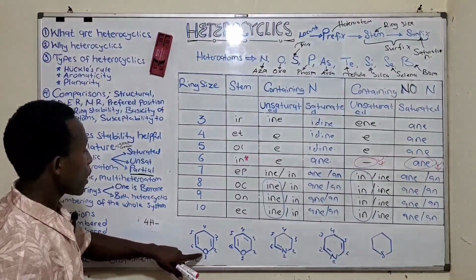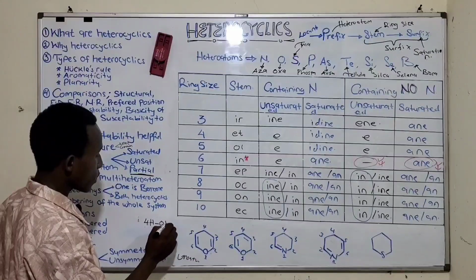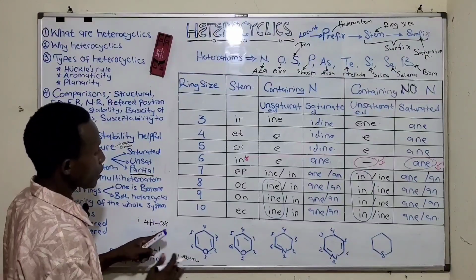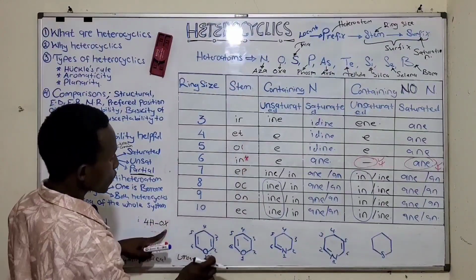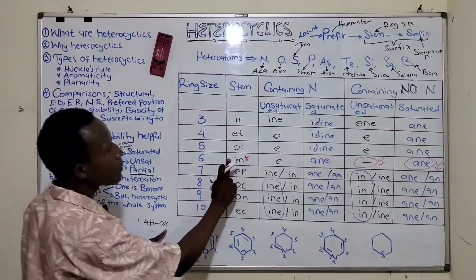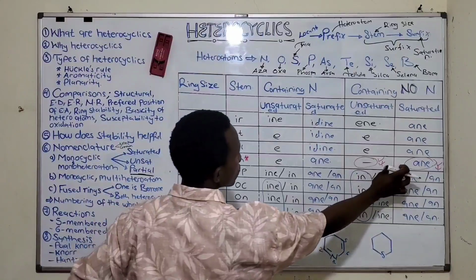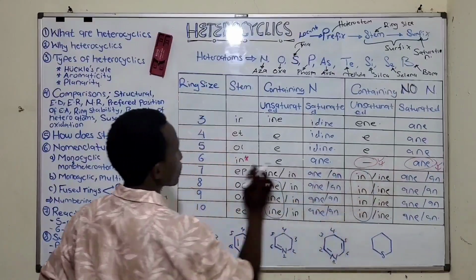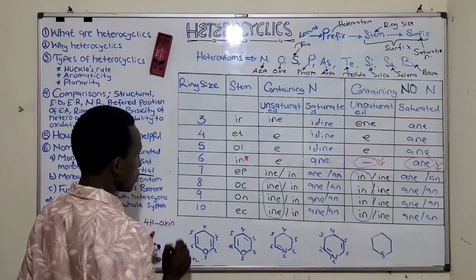Since this one has oxygen, the stem is 6-membered, but no nitrogen. It's given in.